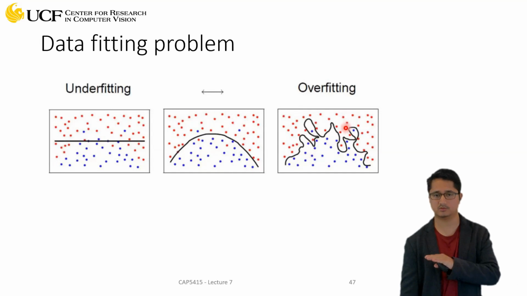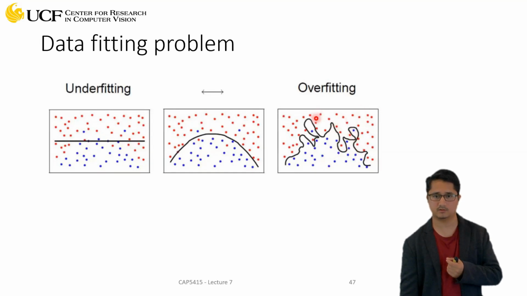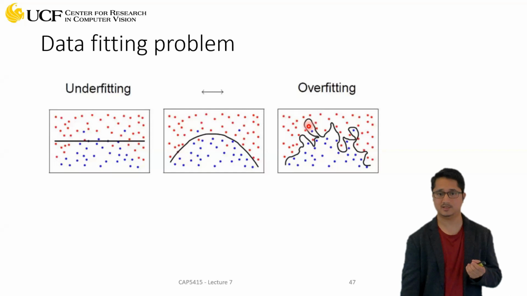So let's go through the third one, which is overfitting, because it's working so perfectly on training samples. Now, let's say you have a red dot at this location, right where my laser pointer is. It seems like it's coming from the red distribution, right? Because it's close to all of those. But this kind of curve will say, okay, no, it's a blue dot, and the method will fail.